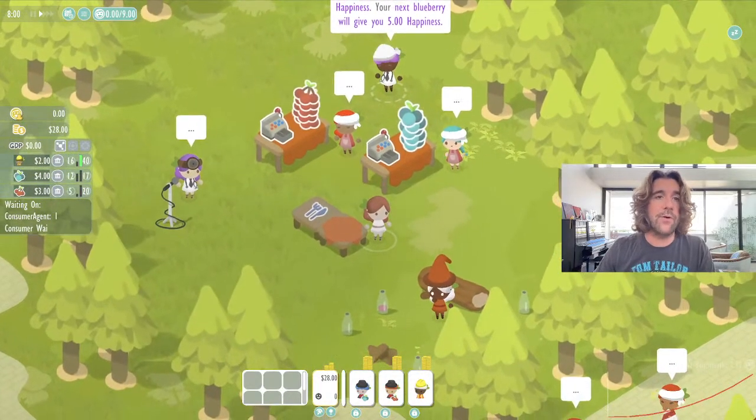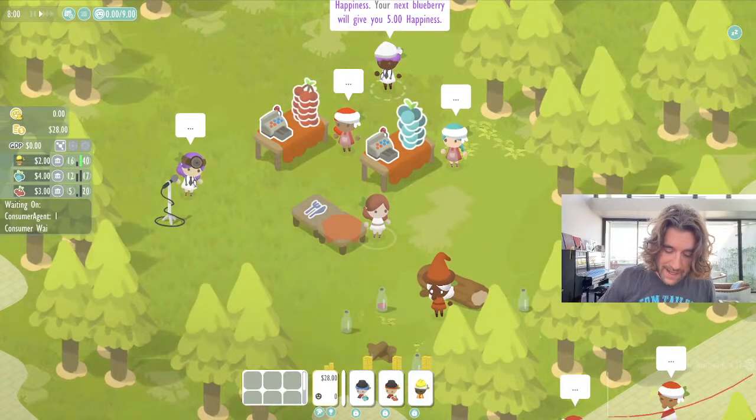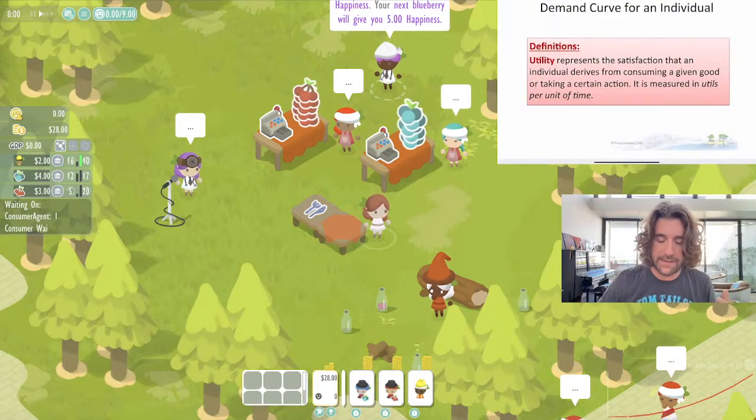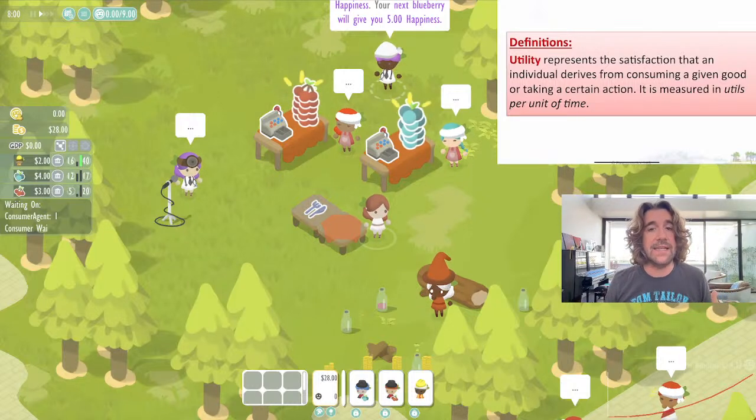Now, before I go any further on this, let me pop up my slides for 1 second to just flesh out very quickly what are the concepts that we are using here. And the most important one is the concept of utility. We, time and time again in the game, talk about happiness because it's a concept that people usually understand more readily.